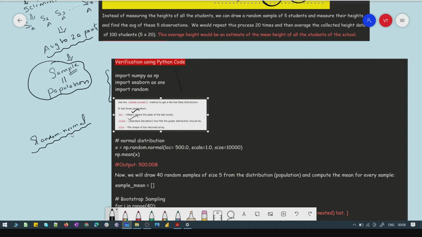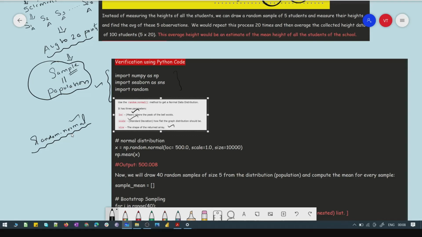We are forming a normal distribution, that's why we have put in normal. So the first 3 lines are the basic libraries that we import for any kind of coding for stats and for the algorithms.